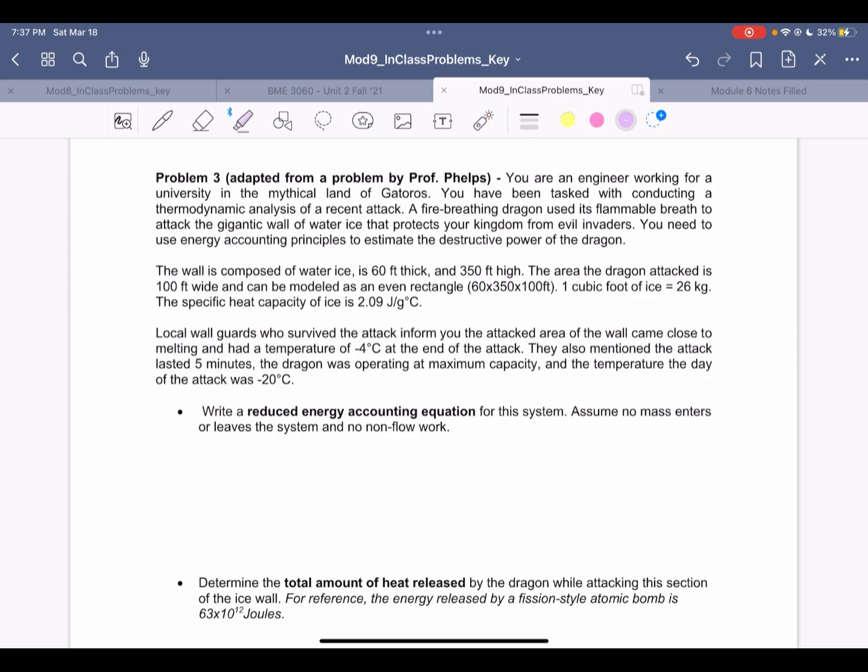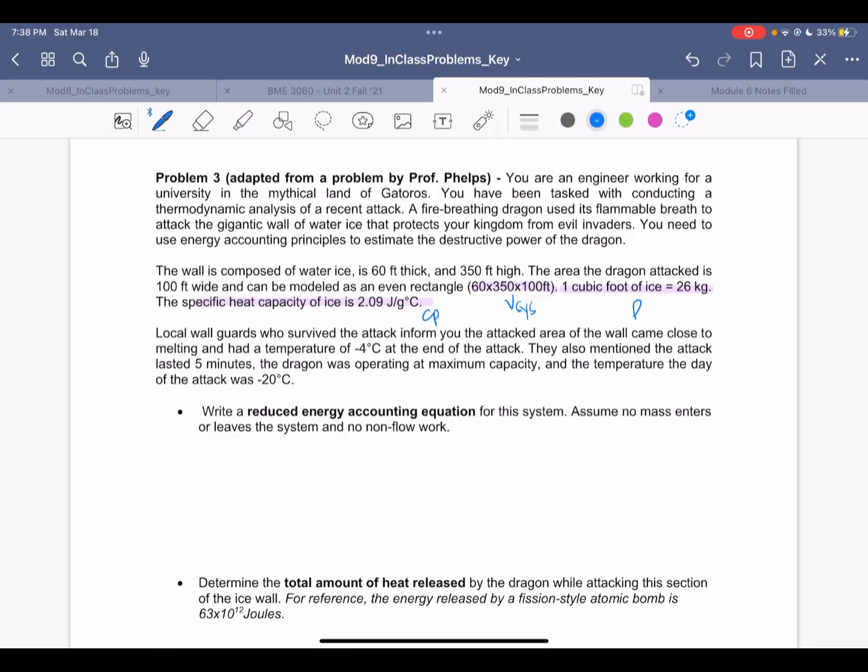So I'm going to first start by identifying the given information. This is going to be really useful to me to calculate the volume of my system. This is the density. This over here is the specific heat capacity, or CP.